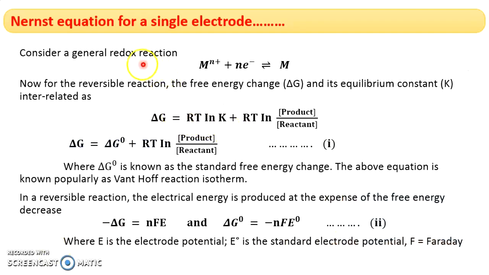Consider a general redox reaction, M^n+ plus n electrons, reversible, M. For this reversible redox reaction, the free energy change delta G and equilibrium constant K are related by the equation delta G is equal to minus RT natural log K plus RT natural log products by reactants.